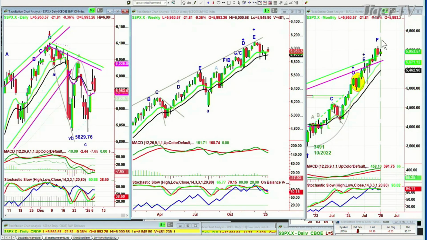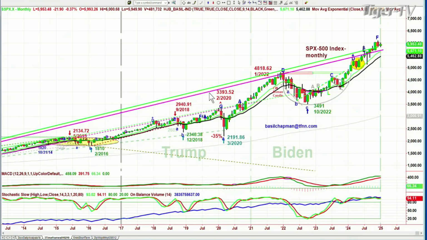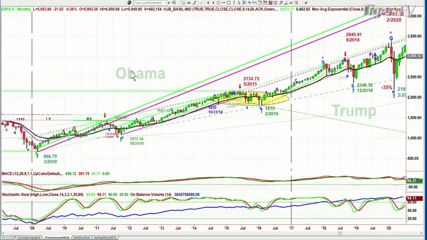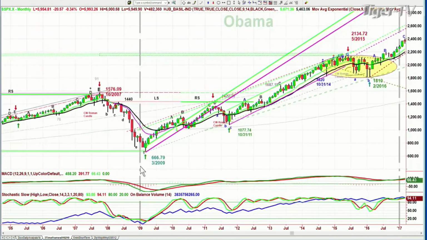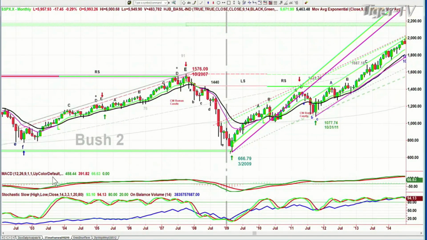And look at this. Here's the line that I drew because we're about to get a change of administration. Look, the market doesn't care who's in power. Every single president has had a pretty good run, well, Bush too didn't, because he handed it over lower than it was when he got it back in 2002.